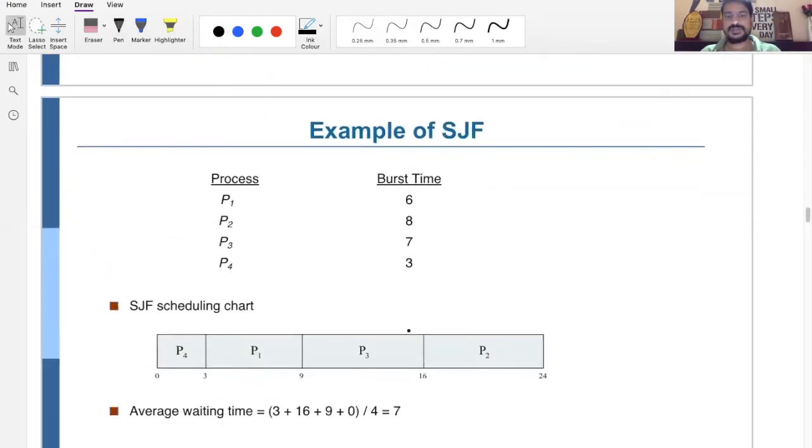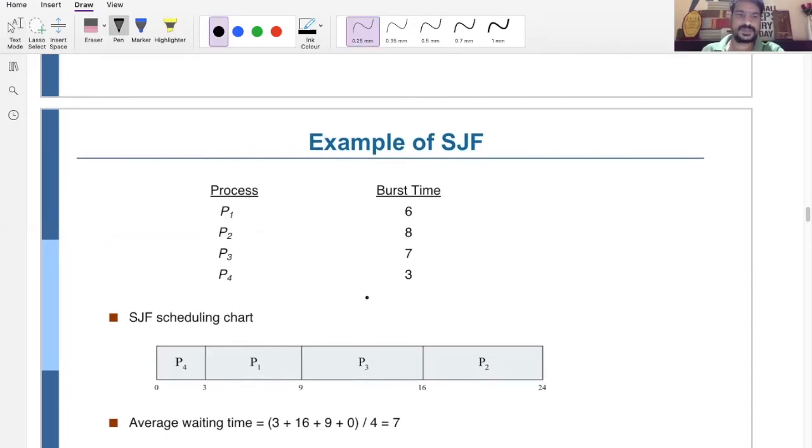Let's see one example which is written here. We have processes P1, P2, P3 and P4, with burst times 6, 8, 7, and 3. Let's assume the arrival times are 0, 0, 0, 0.